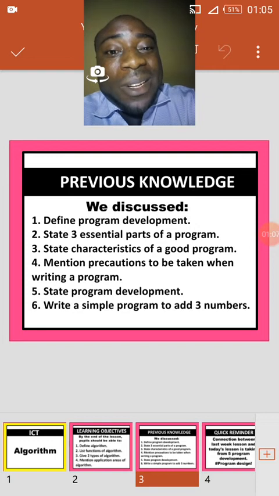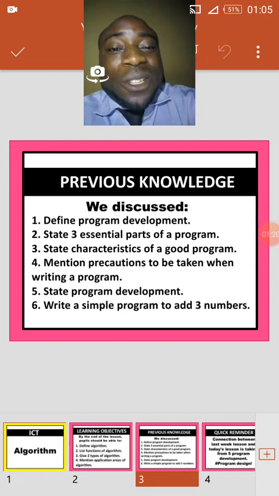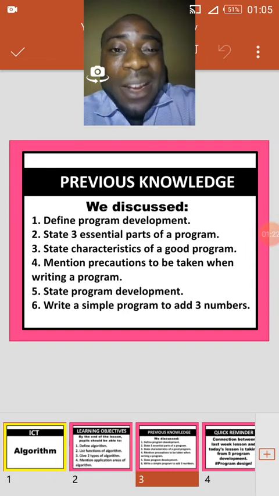And we stated 3 essential parts of a program: 1, the instruction to accept the data, 2, the instruction to act upon the data and process it, and 3, the instruction to bring out the output to the user.